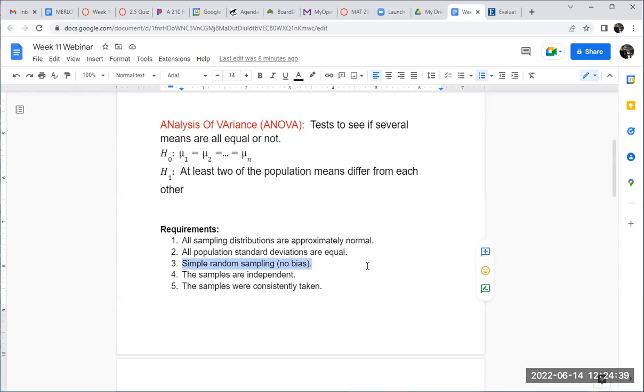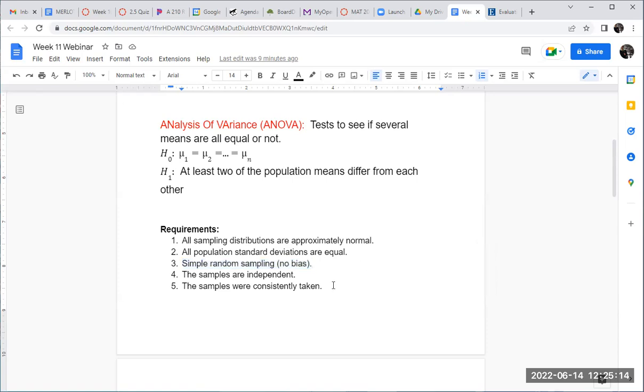If you did the income in the United States, and you went to a hospital and asked a bunch of doctors in Pennsylvania, and then went to a construction yard and asked a bunch of workers in Michigan, that would be totally biased, because you're pushing up high for the doctors. So you've got to make sure you don't have any bias.